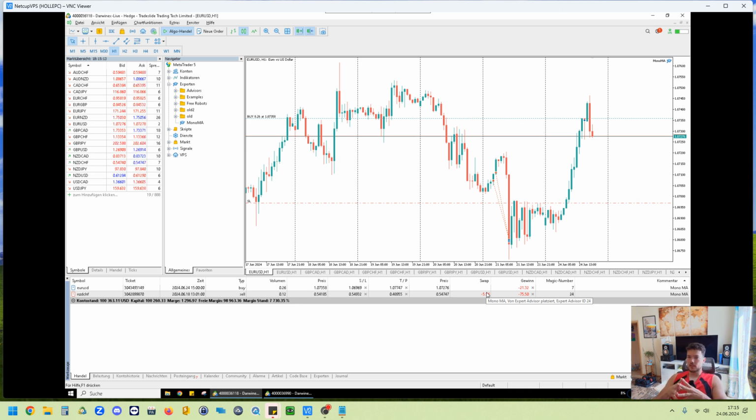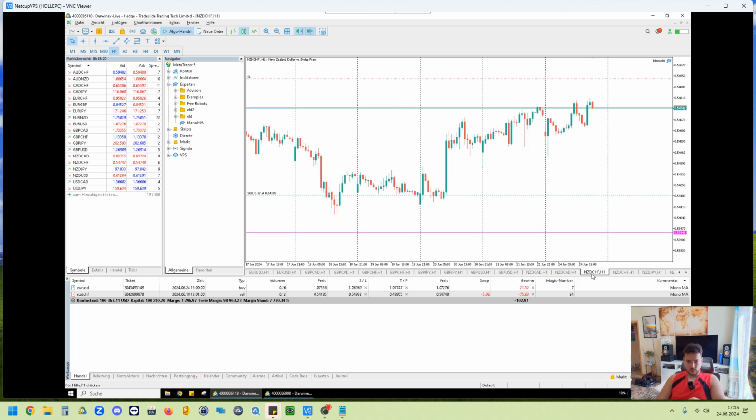So this made me think about one change. Let's see if I can find the right chart for this one. Yeah, this is it. This line shows that as soon as the price hits this line, the trailing stop kicks in. And as the swap costs are so high, I was thinking about, okay, let's implement this change.